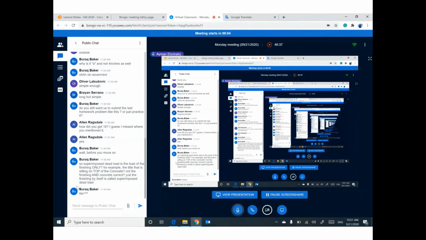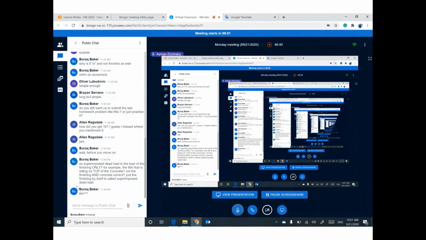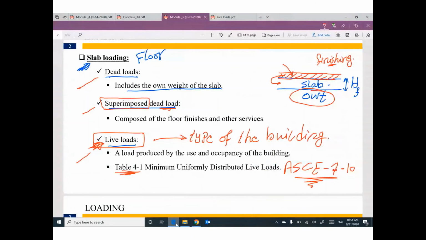Remember, we need to add this one plus this one together, and both of them will be dead load. And then this live load will be LL. So we have the own weight and the superimposed dead load, and both of them must be added together.